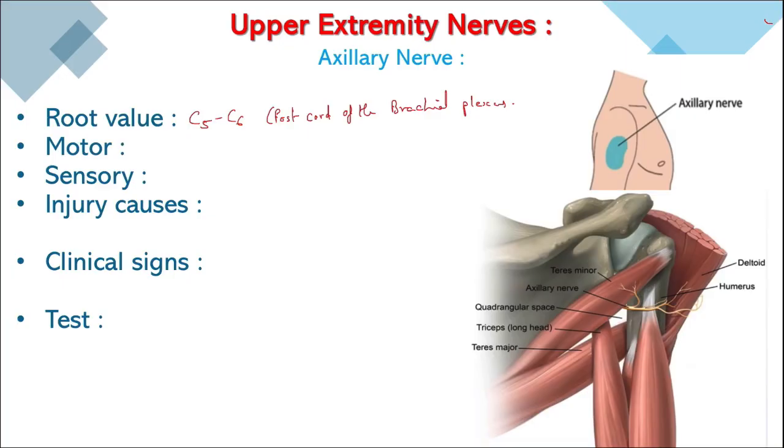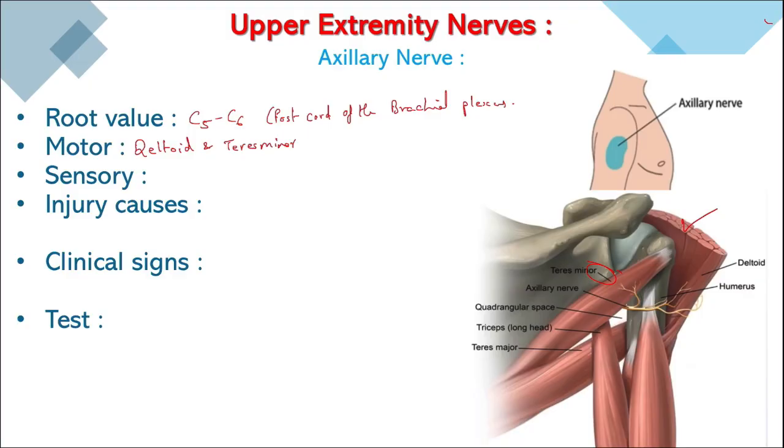The motor function is for the deltoid and teres minor. If you look at this image, this is the deltoid muscle and this is the teres minor. These two are innervated by the nerve.